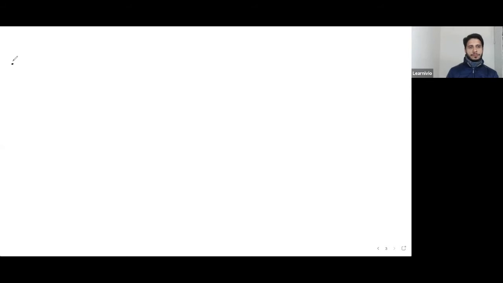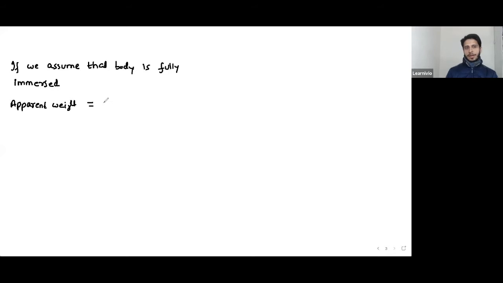So if we assume that the body is fully immersed, then the apparent weight is weight minus buoyant force.